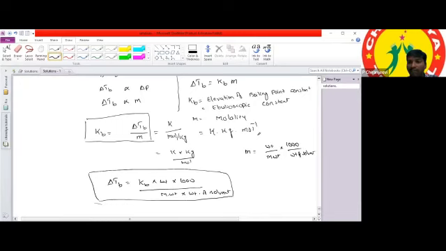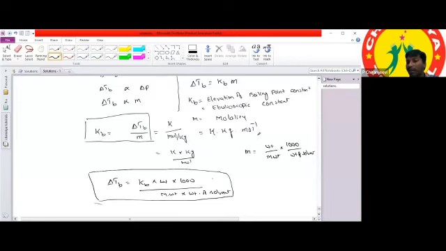Elevation of the boiling point temperature is directly proportional to the delta P value. According to Raoult's law, the vapor pressure of the solution is directly proportional to the mole fraction, and mole fraction is independent of temperature. So in place of mole fraction we take molality, and in place of delta P we write molality. Simplifying, delta Tb is equal to Kb into molality.